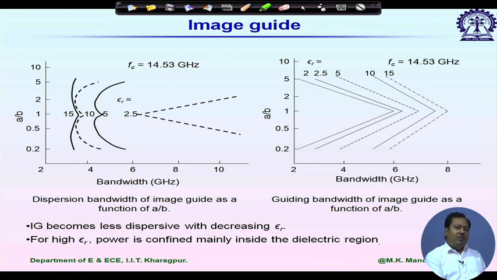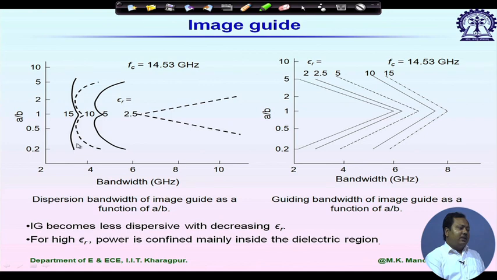So looking at these two points, how can we choose the dimensions? We have some design graphs for that. Here it's showing an A by B versus bandwidth plot considering the dispersion effect. We are considering that the dispersion effect is minimum within, let's say, plus minus 10%.